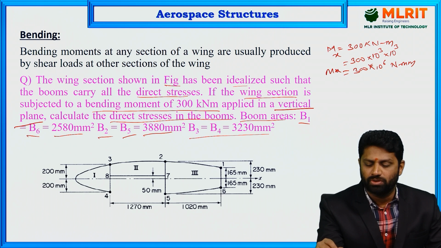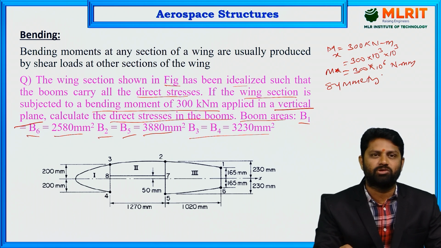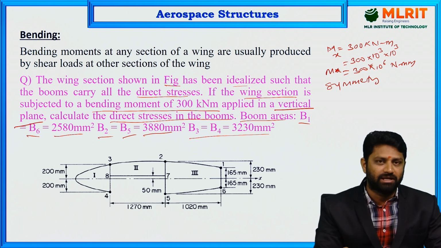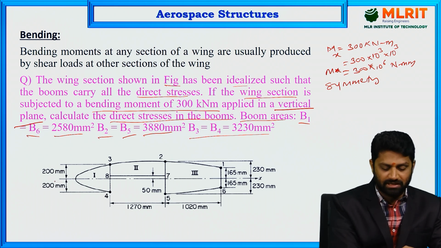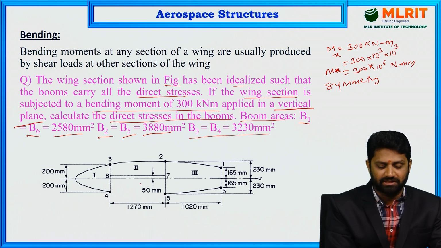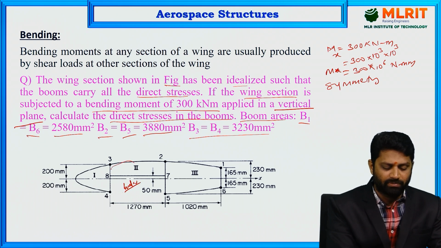Now, is this figure symmetrical about a horizontal axis? If you draw a horizontal axis like this, you can see there is a hollow portion here, and above you have one panel like this.